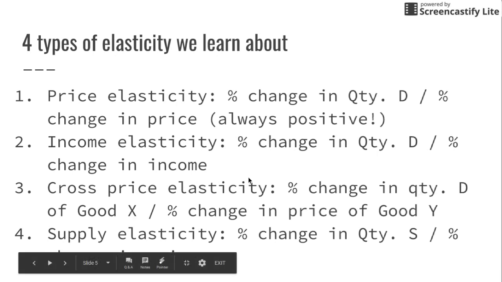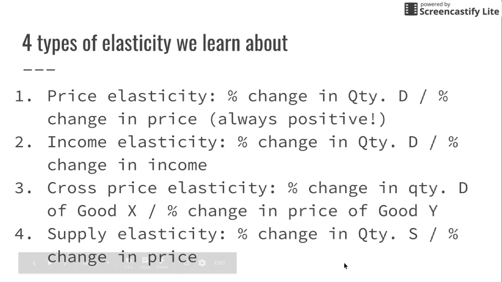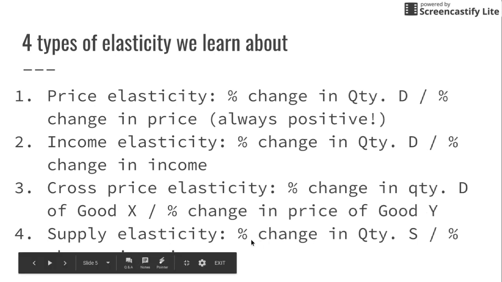Cross price, you're comparing 2 goods. So notice that it's the percentage change in quantity demanded of good X versus the percentage change in price of good Y. So you're comparing the demand of one to the price of another. I'll get to that more in a second. And then same thing with supply. The percentage change in supply is the numerator. Price is always going to be the denominator, with one exception.